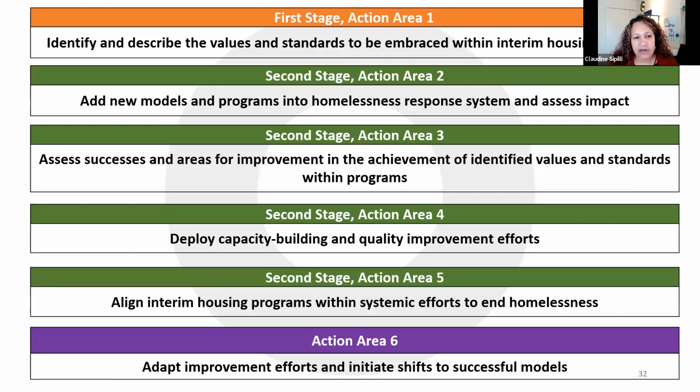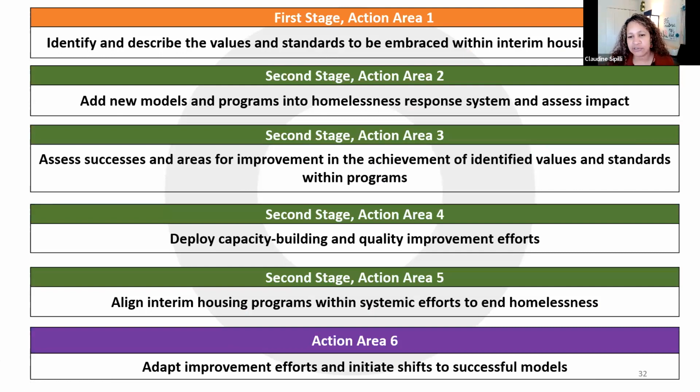And here are the action areas from the three stages that you are seeing on your screen. So identifying the values and standards. I fully and firmly believe in value-based approaches, and establishing those values ahead of time is, in my opinion, very critical.